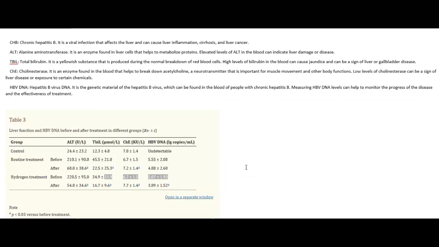Cholinesterase levels: for the control group, the before-treatment values were 6.7 plus or minus 1.5, and after treatment it was 7.2 plus or minus 1.4.